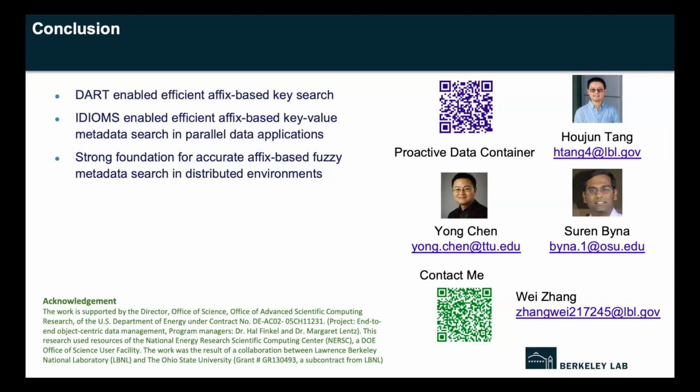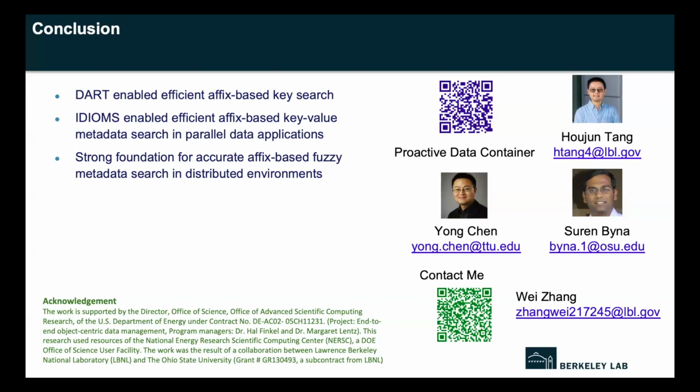Another quick question is, how do you bring it back to HDF5? Considering HDF5, like I said before, you would have multiple HDF5 files distributed on a parallel file system, right? And for that, you naturally become a distributed or parallel application. In that case, you need to consider how to minimize the communication cost when it comes to affix-based keyword search.